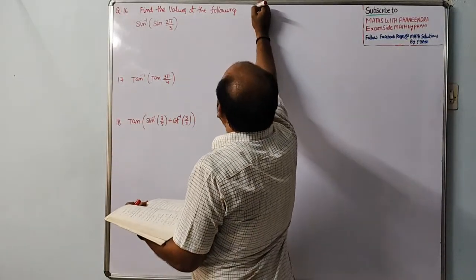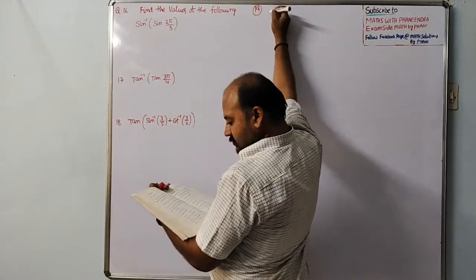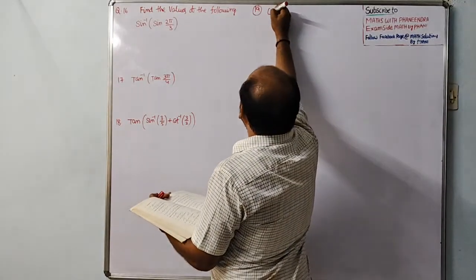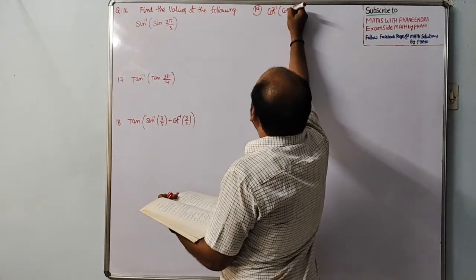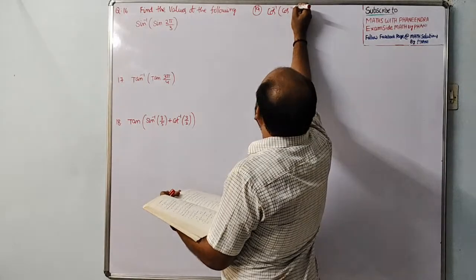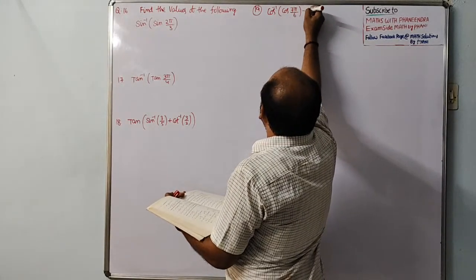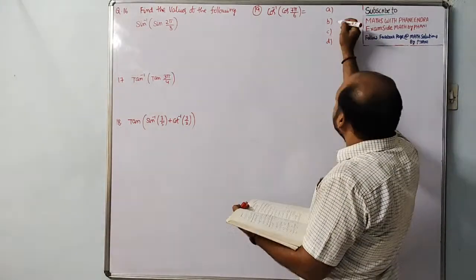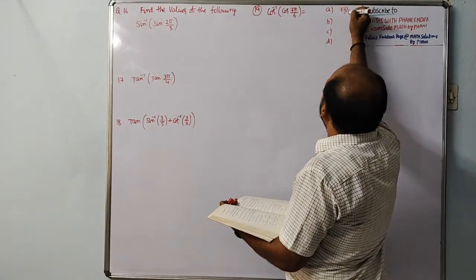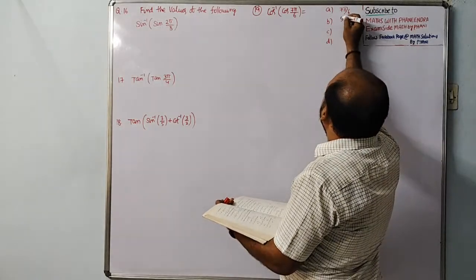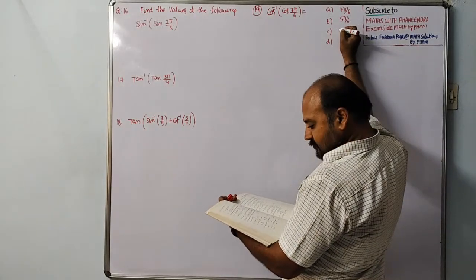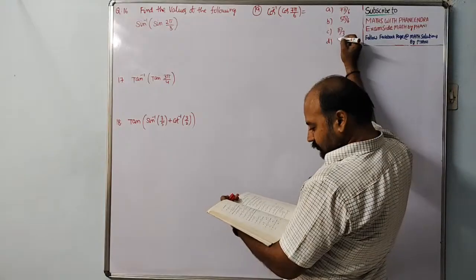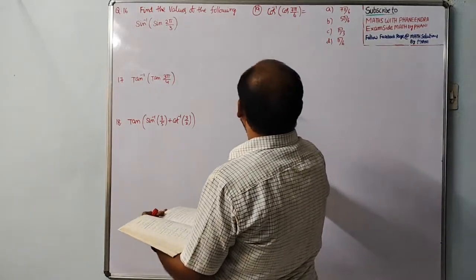Next question number 19. Cos inverse of cos 7 pi by 6 is equal to, options they provided: 7 pi by 6, 5 pi by 6, pi by 3, pi by 6.